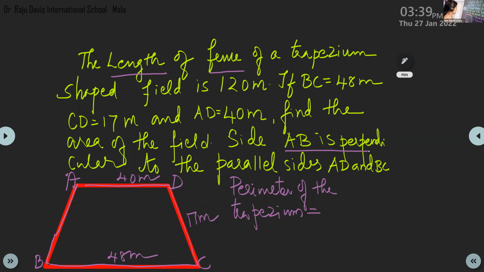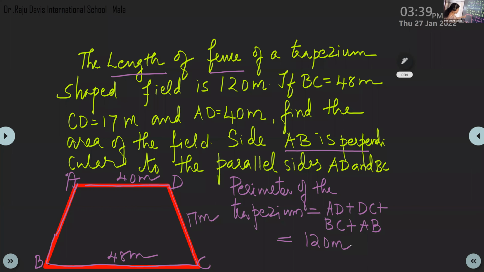So the perimeter is given, which means add up all the sides. So AD plus DC plus BC plus AB is equal to what? That is already given. The perimeter, the length of the fence of the trapezium, is 120 meter. So we will add all of these, AB also.